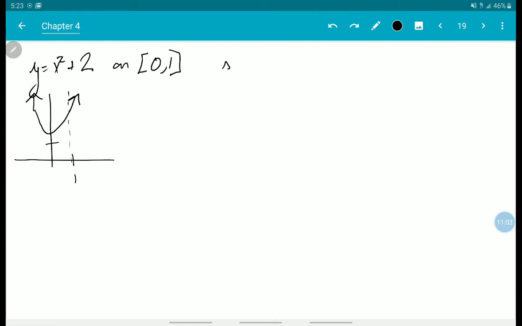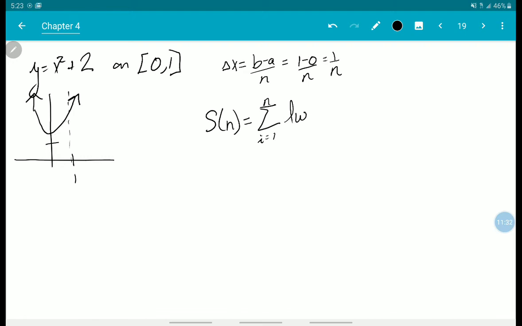So once again, we have to figure out how wide are those rectangles. It's always b minus a divided by n. In this case, it's going to be 1 minus 0 divided by n, which is 1 over n. So to find our sum formula, we're adding the area of a whole bunch of rectangles together.